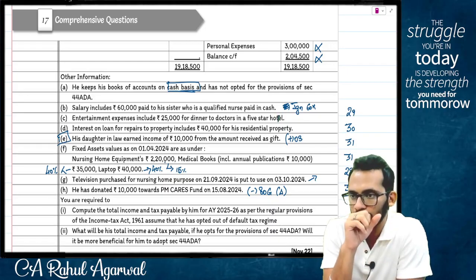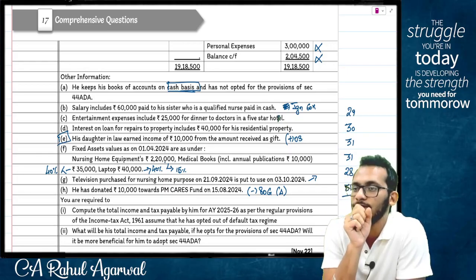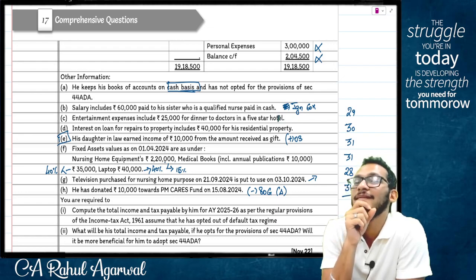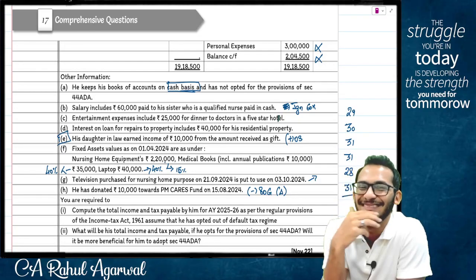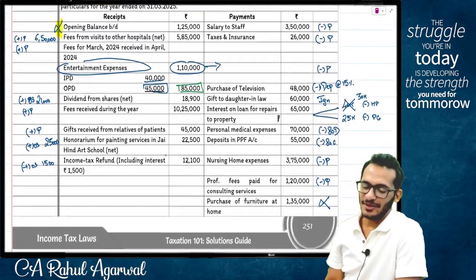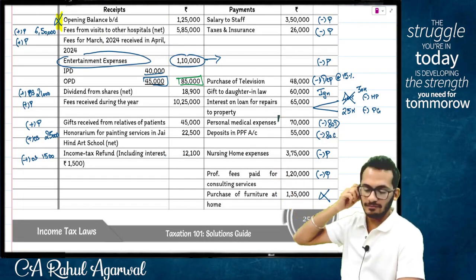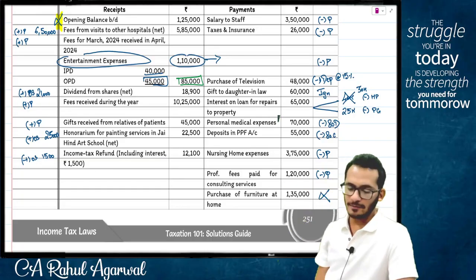Total my payments. Okay, people, 2,90,000 for salary to staff. Check. 26,000 for taxes and insurance. 1,10,000 for entertainment expenses.